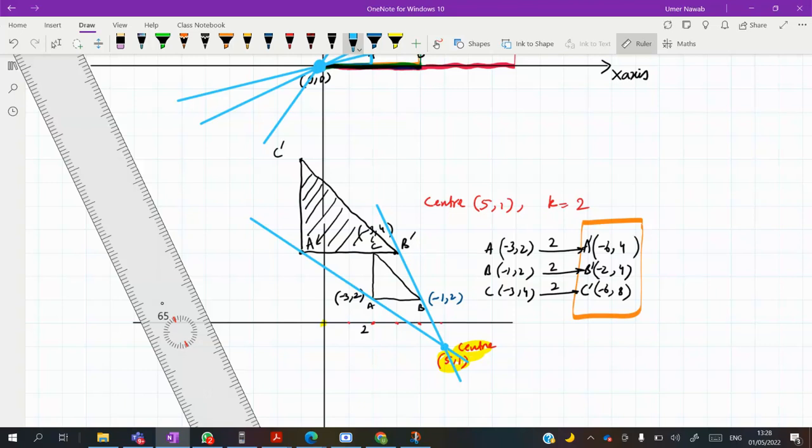If you want to see the scale factor, this is 4 and this is 2. Your scale factor will be 2 and your center is (5, 1).